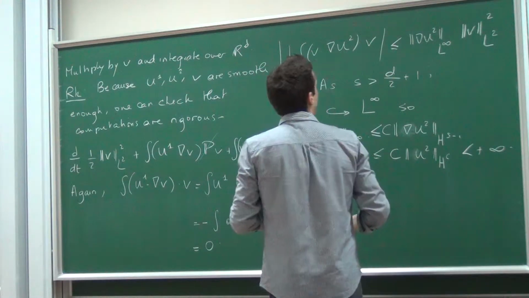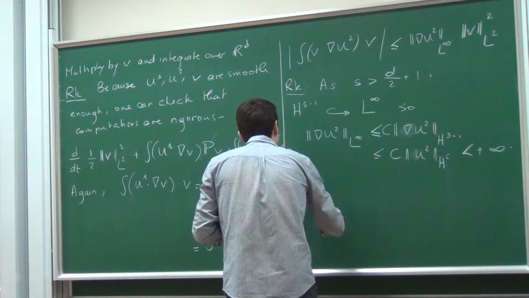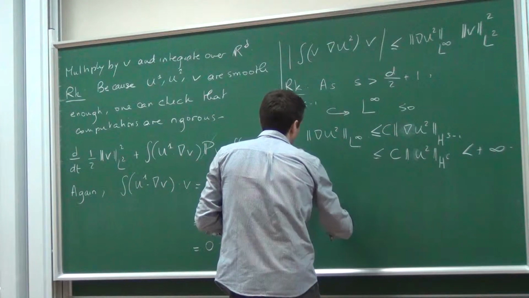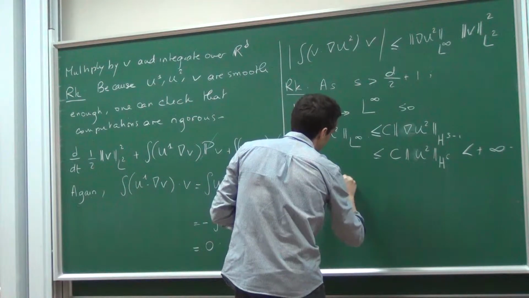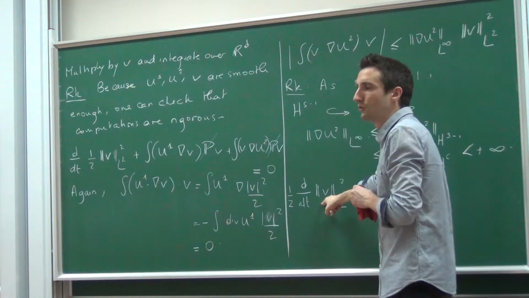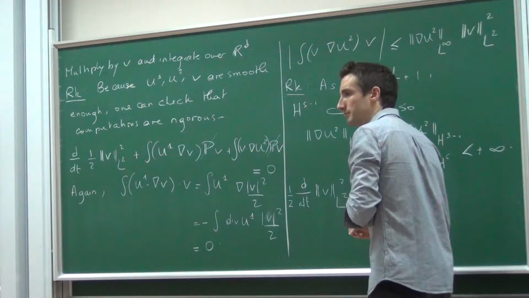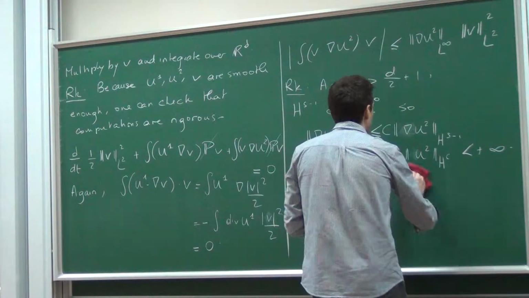And finally, I end up with d over dt, there is a 1/2 here, of the L2 norm squared of V, and this is less than some constant. Let me make it explicit.